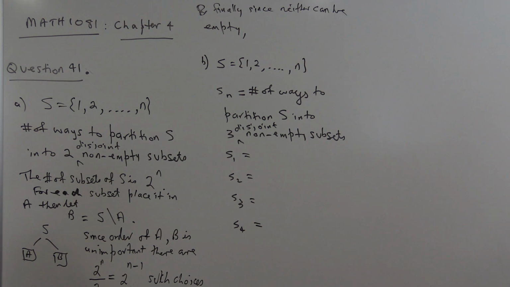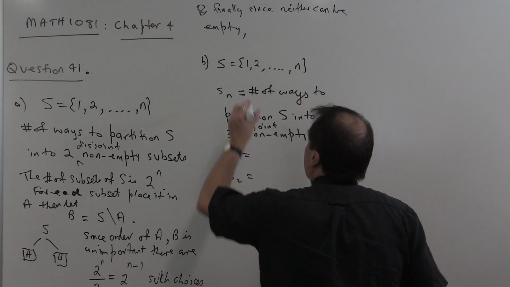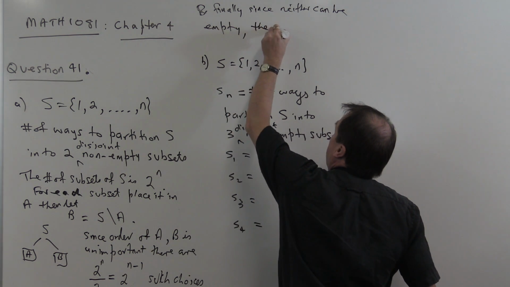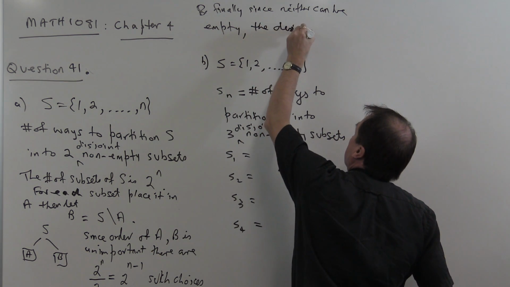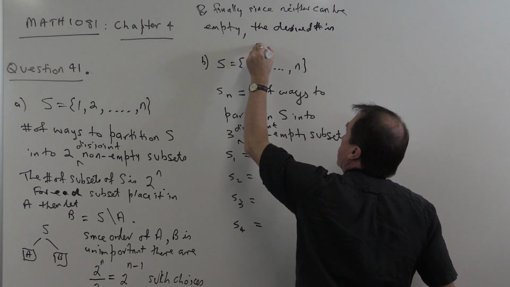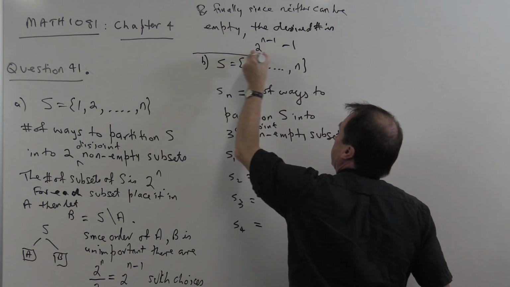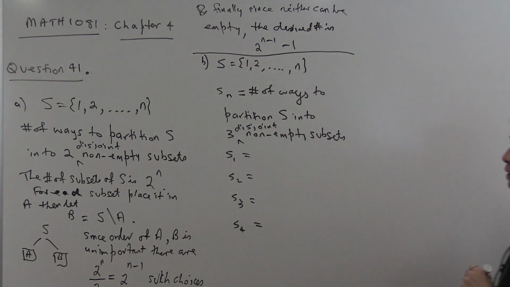They've got to be non-empty sets. We have to subtract off 1. So the desired number is 2 to the n minus 1 minus 1. And that's what we were asked to show.